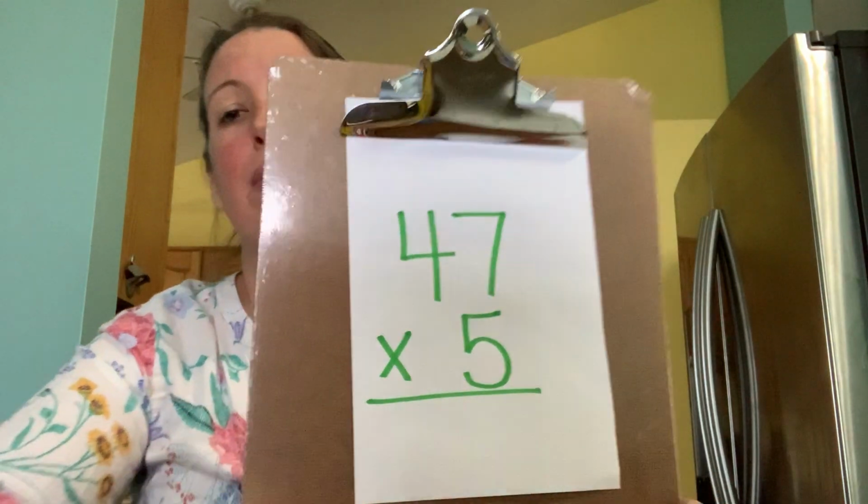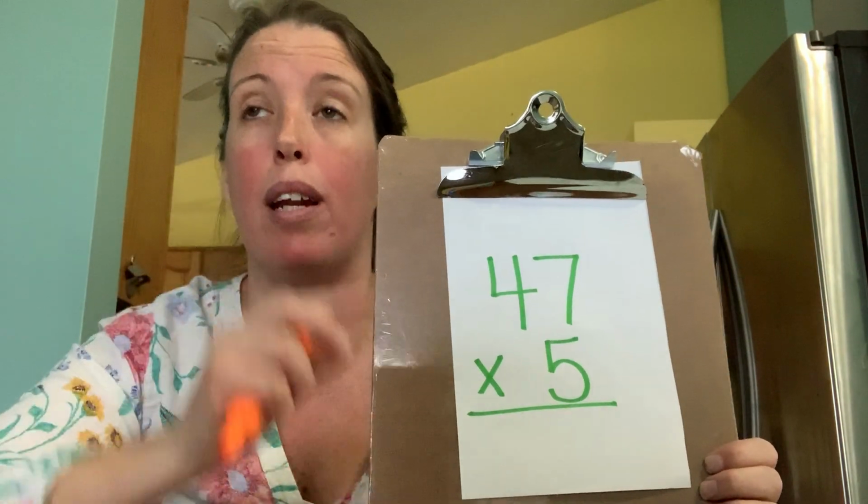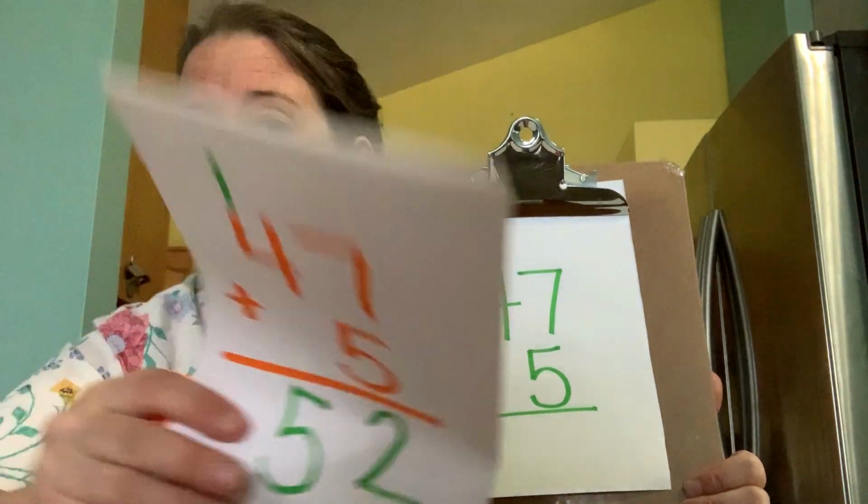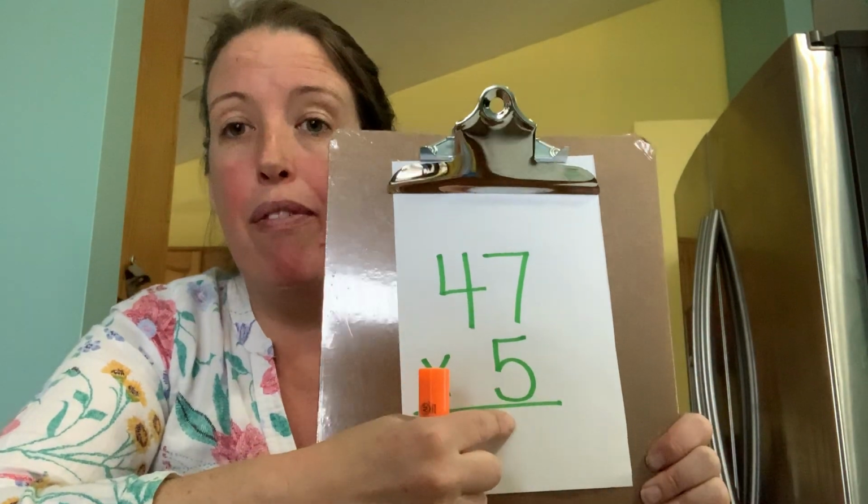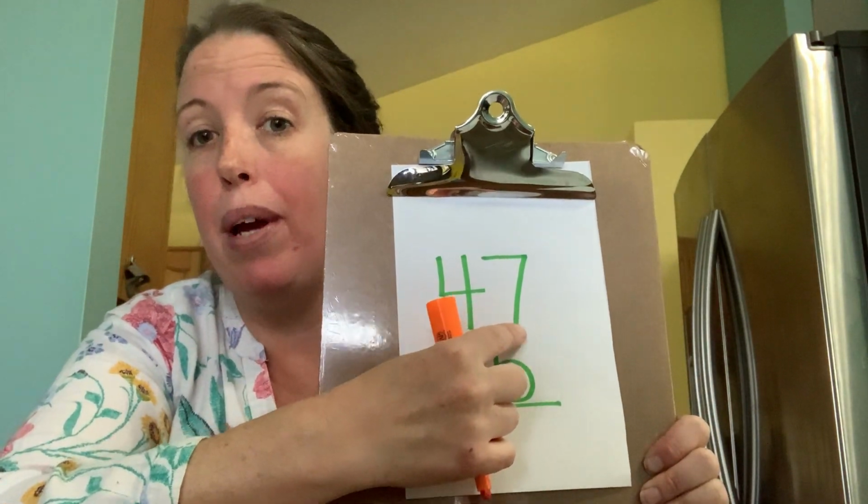Okay, so we have the question next up, 47 times 5. The reason this is going to be a little more difficult is because it's going to require regrouping just like this addition one did. So I have my 5, and first I'm going to multiply it by the digit in my ones place, which is a 7.